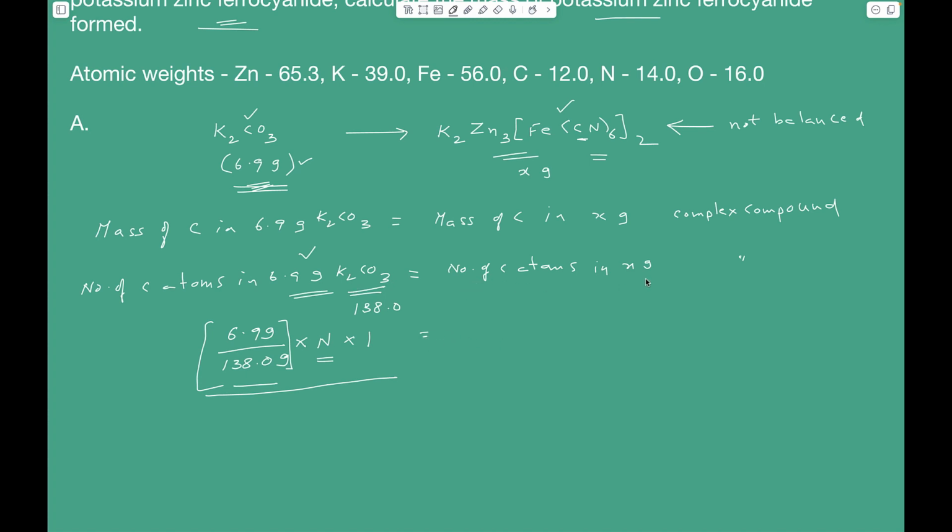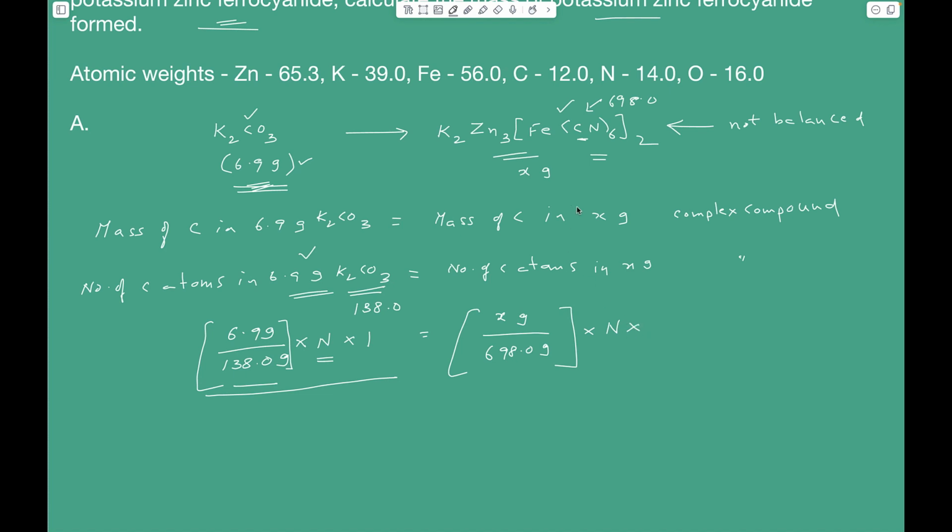Now, how do we get the number of carbon atoms in x grams of this complex compound? Again, if you divide the given mass with the formula weight of this compound expressed in grams, the formula weight of this compound comes to be around 698 approximately. So if you divide it with 698.0 grams, you would get the number of moles of this complex compound. And if you multiply the number of moles with Avogadro's number, you would get the number of formula units of this complex compound. Again, this is an ionic compound.